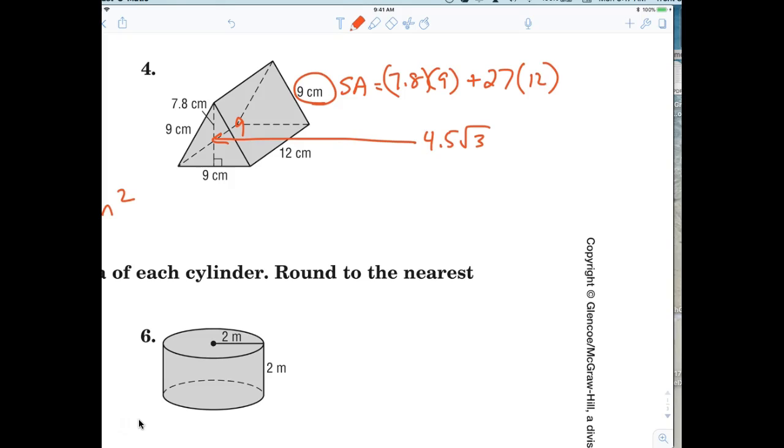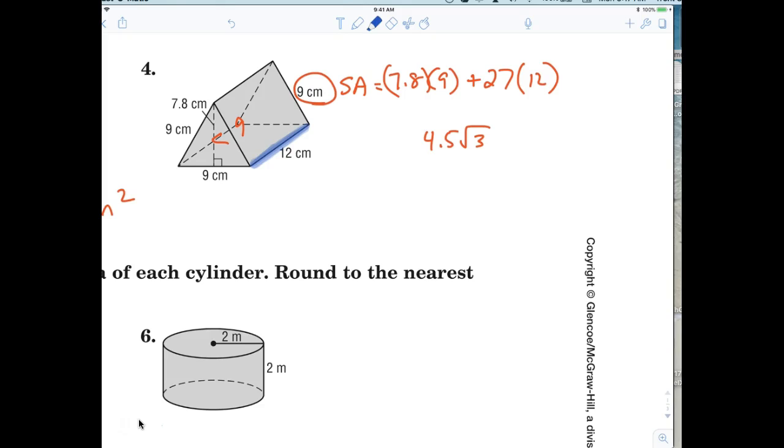Yes, okay, so I'm glad you said that, just to make sure I'm clear with everybody on this. The height of the prism is 12. That's where a lot of kids make some mistakes, is that they confuse the height, little h, with capital H. Little h is always the height of the base.